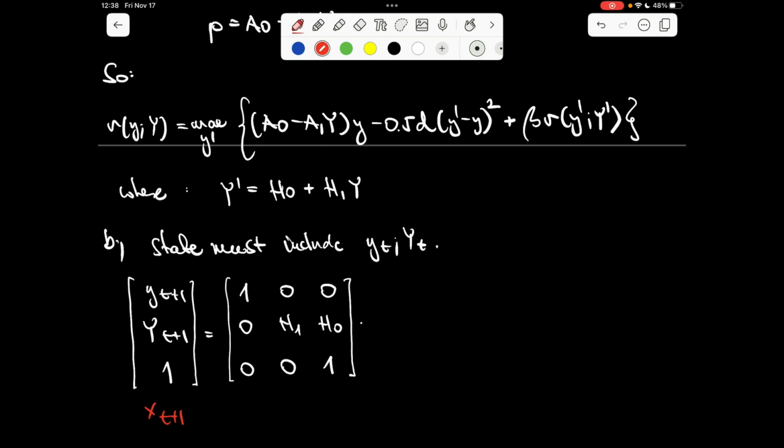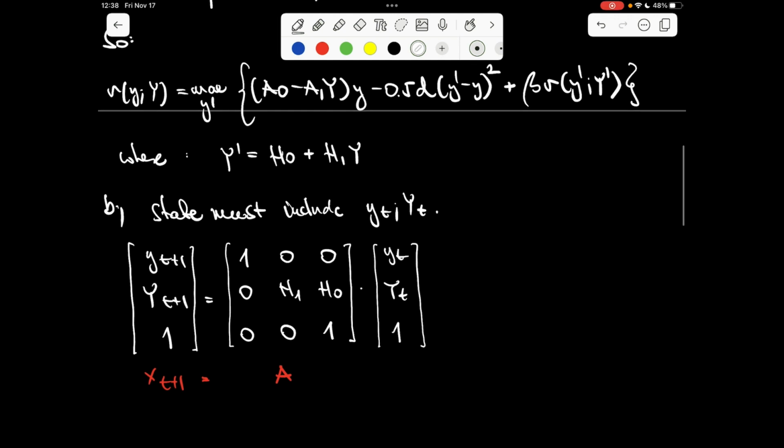This is A. It's supposed to be an n by n matrix, so we need to expand the state vector into a 3 by 1 vector.